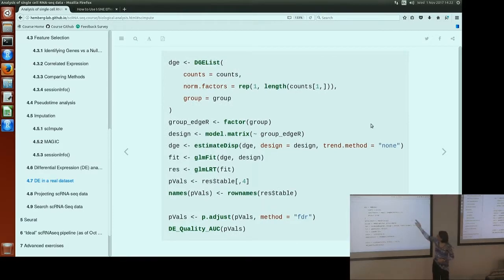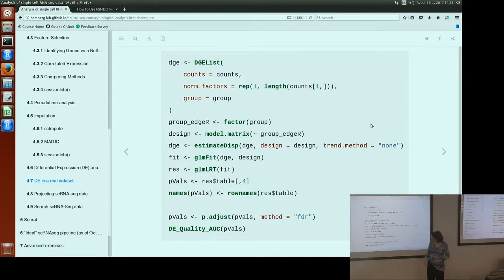So we just have to create the object with our raw counts this time, and then calculate the size factors for this, and then the group identity for each of the cells. And then we create our model design. Here we're not accounting for batch effects. We're just going to look at the effect of the individual. Then we estimate the dispersions, fit the general model, perform the test, and then we extract the p-values of that test for a two-parameter, two-group test.